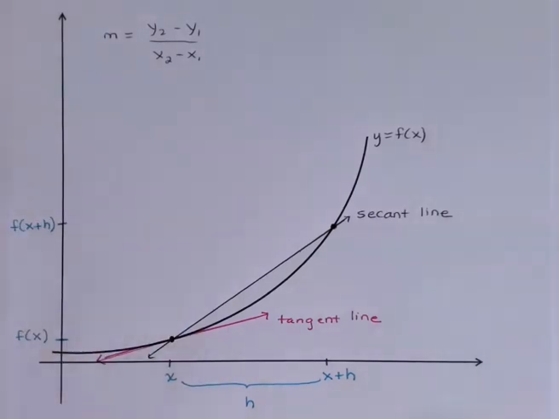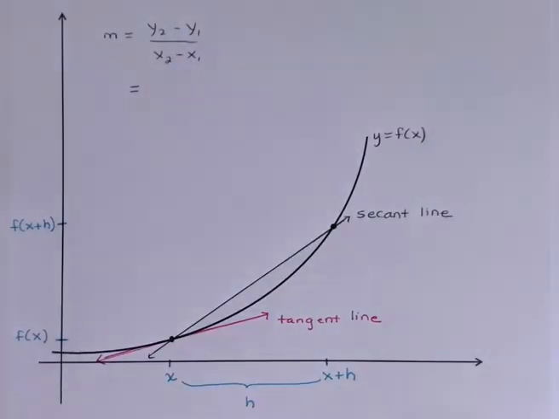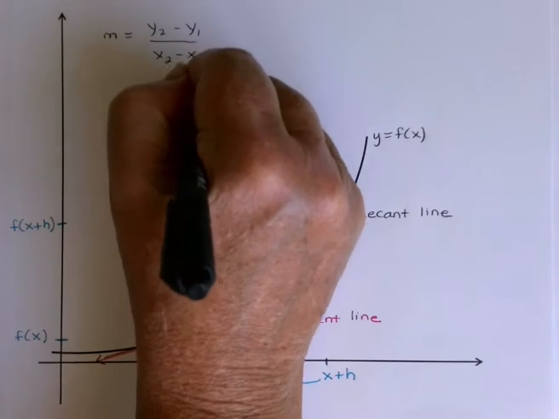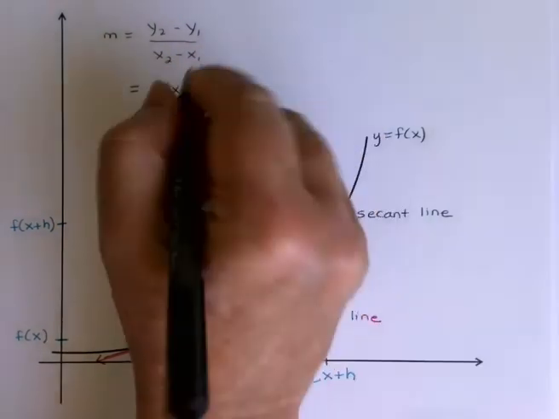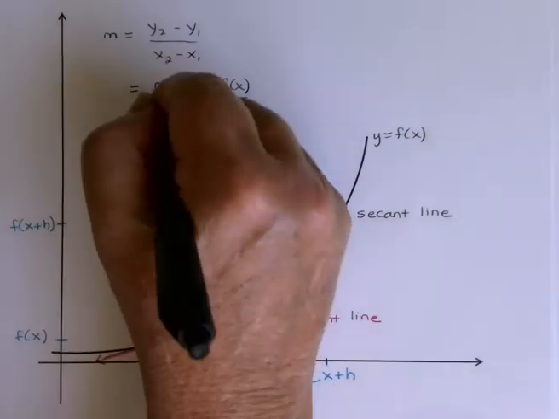So, to calculate my slope, again I have y2 minus y1, so that would be f of x plus h minus f of x, divided by x2 minus x1, x plus h minus x.